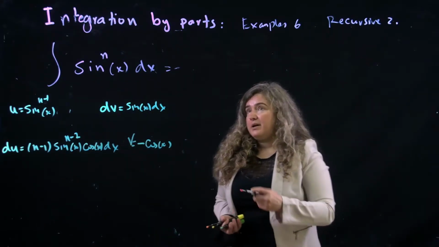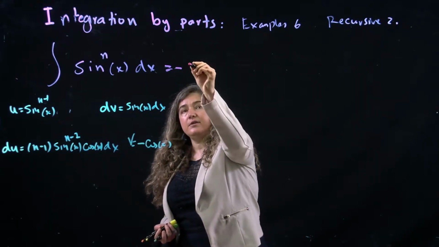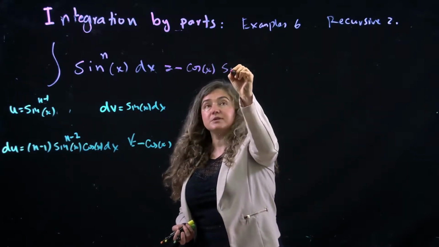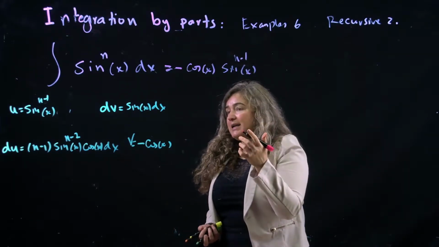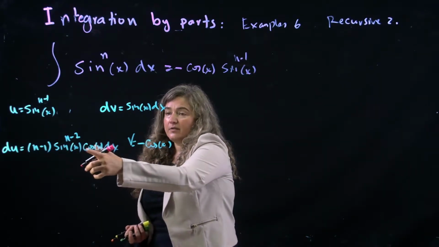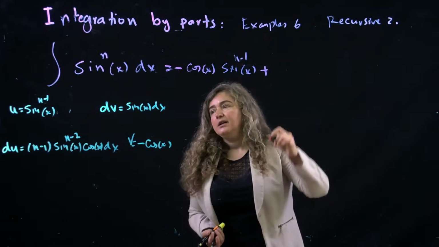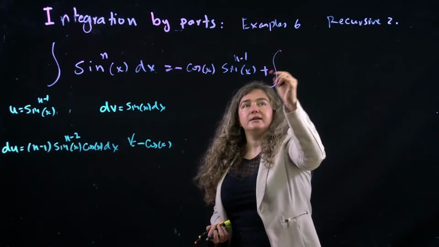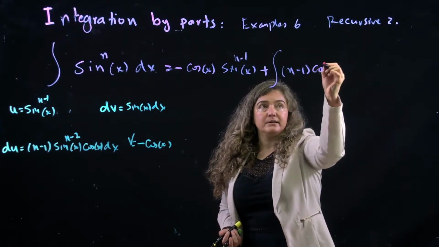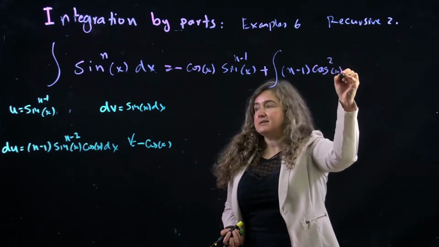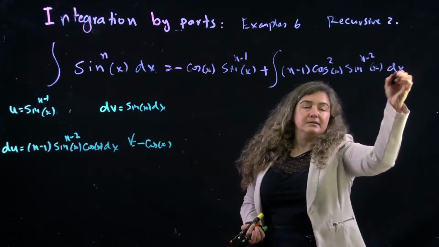Now let's write this up: u times v, which is negative cosine of x times sine to the power n minus 1 of x, then minus the integral of v times du. There's a negative sign in v, so I put a positive in here, and I get n minus 1 times cosine squared of x times sine to the power n minus 2 of x dx.